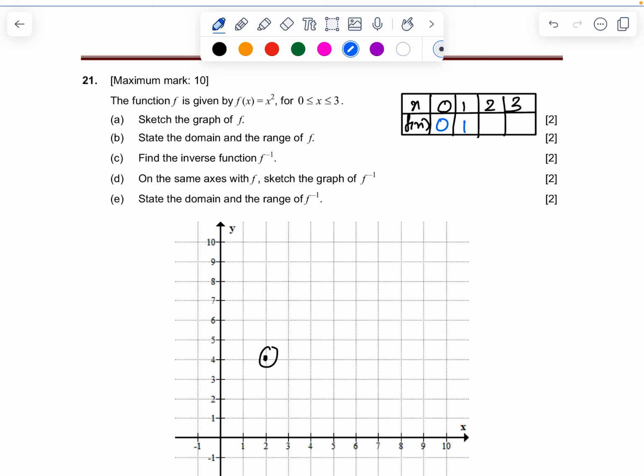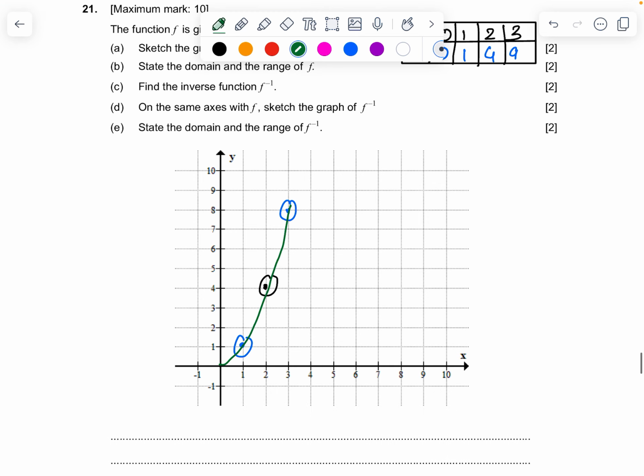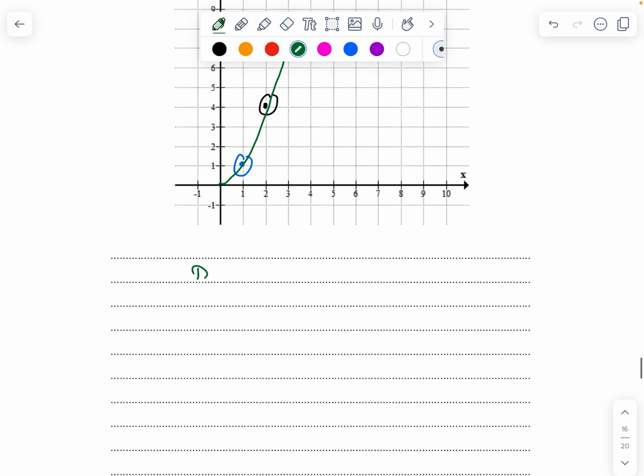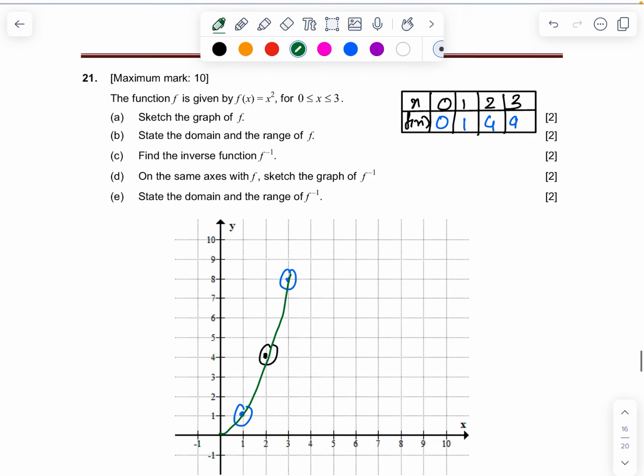So it becomes 0, 1, 4, 9. When it is 3, it is 9. So the graph looks in this way. Now state the domain and range of f. Domain is x lies between 0 to 3 and range is y lies between 0 to 9.